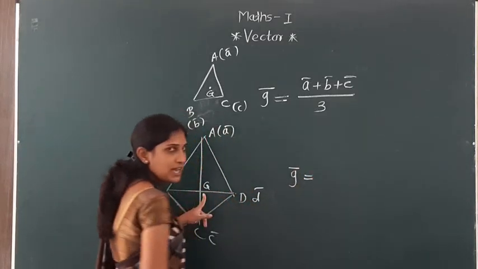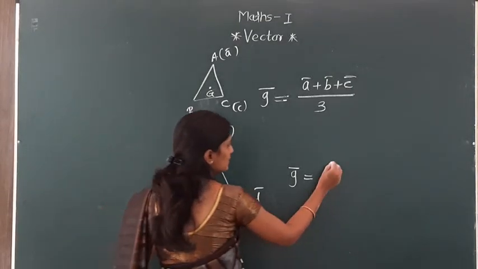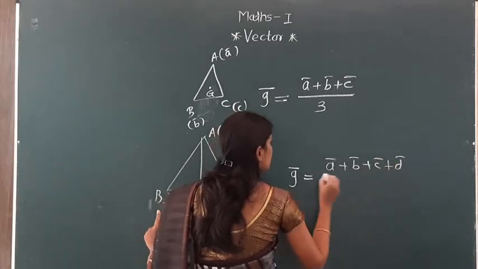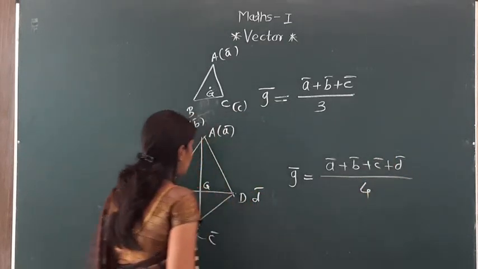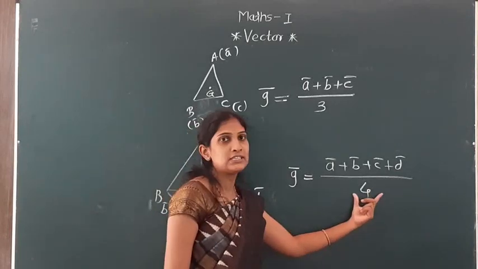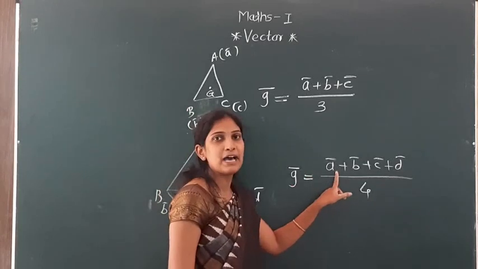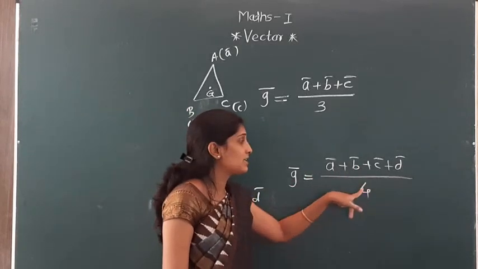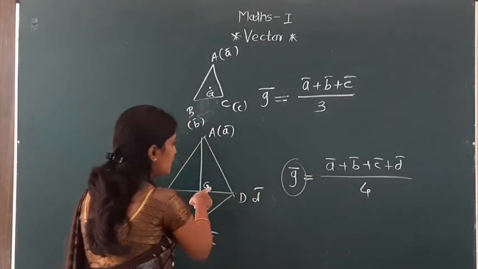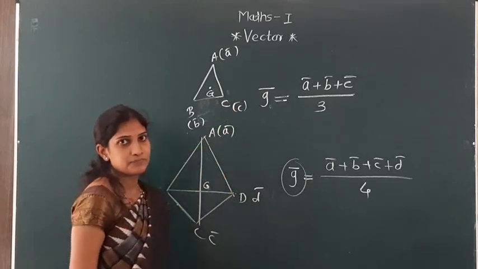G bar is equal to (A bar plus B bar plus C bar plus D bar) divided by 4, because this point divides in a 3:1 ratio. So 3 plus 1 is equal to 4. This is the centroid formula for a tetrahedron, and that is the centroid formula for a triangle.